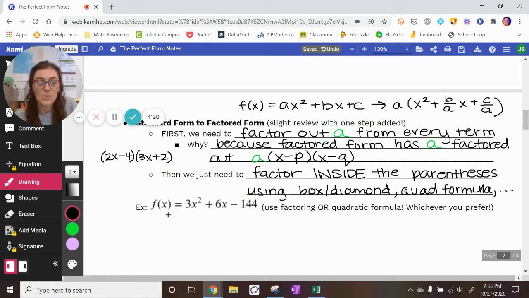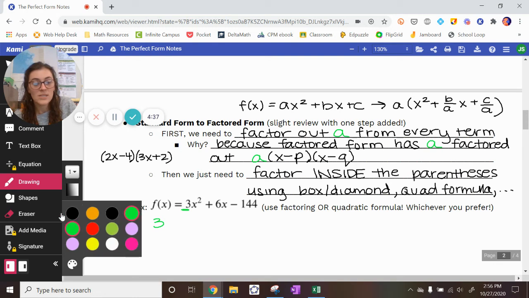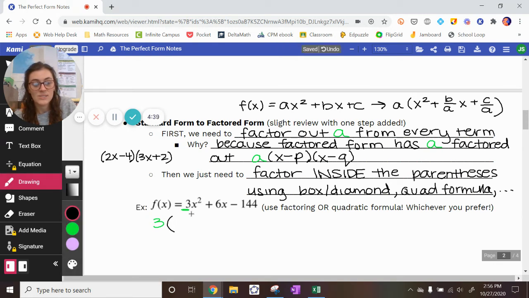So let's look at this example. We've got 3x squared plus 6x minus 144. And instead of just immediately drawing our diamond and getting started, remember we got to take out our a value. We have to take out that 3. So now it's going to look like 3 times x squared.